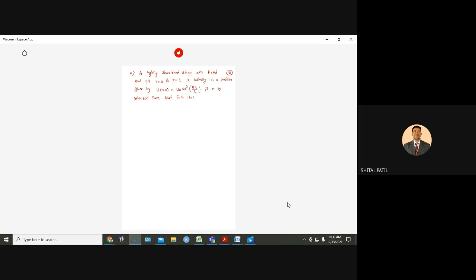From this position, find the displacement u at any time t, at any distance x from one end.